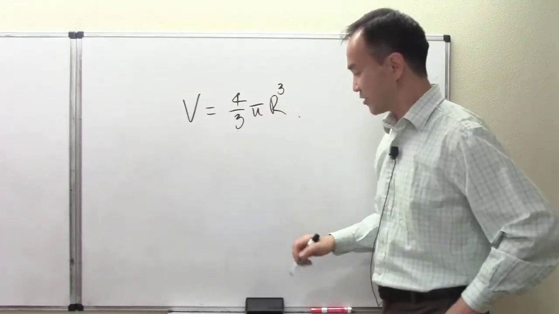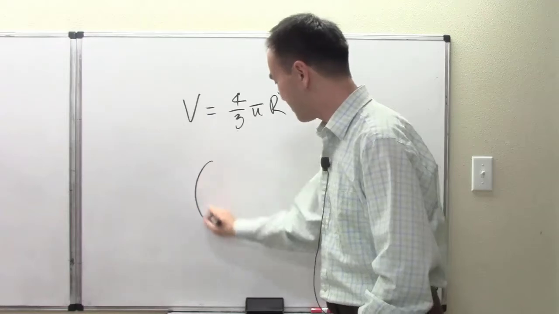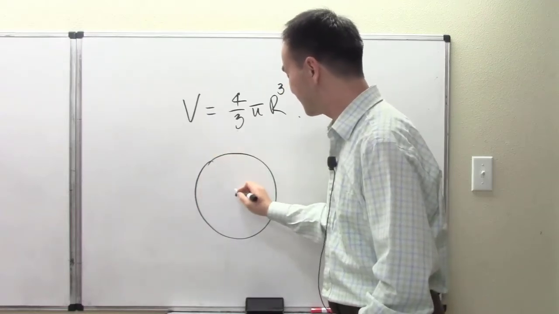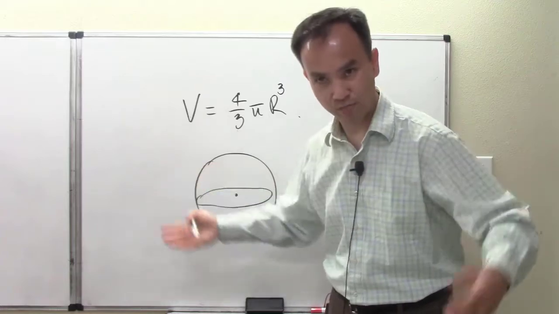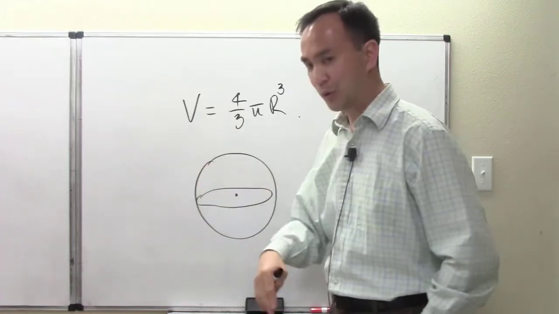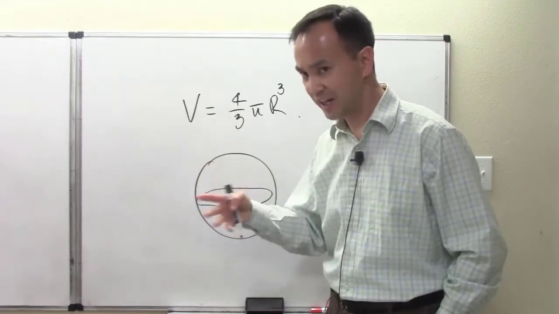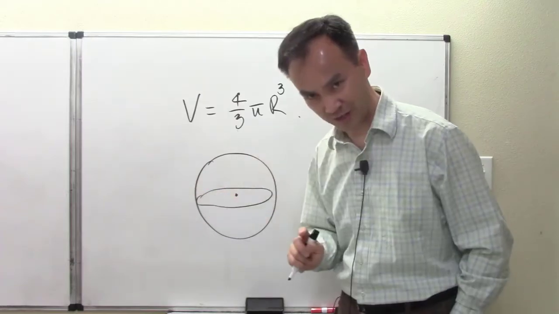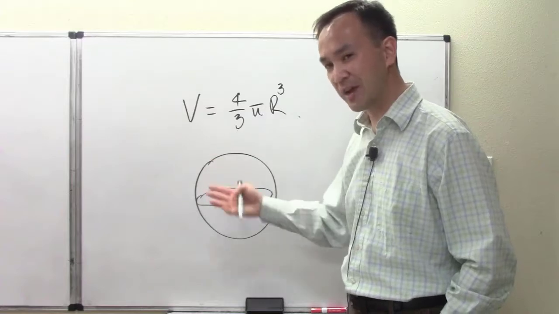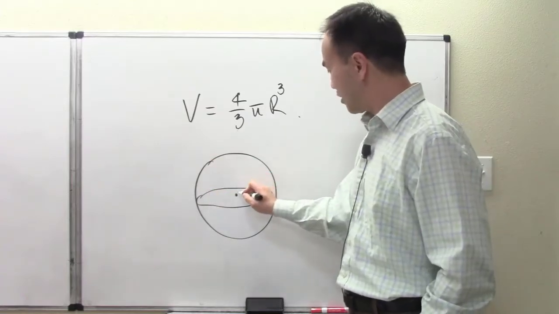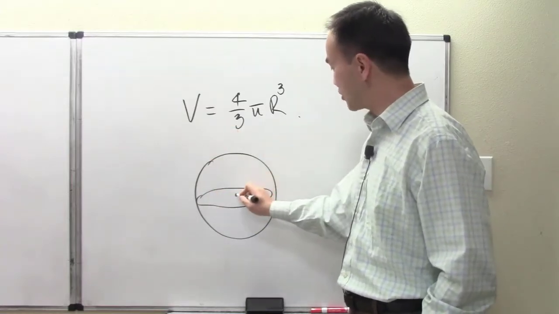A couple of explanations. A sphere is a nice round ball, like a basketball or a volleyball or any kind of ball shape. Formally speaking, it's a three-dimensional circular shape, completely round all around.